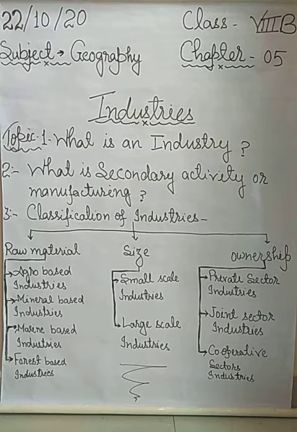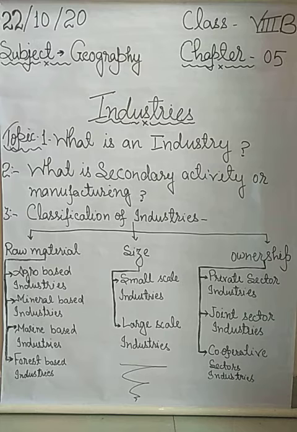In primary activity you are concerned with the production of raw materials from the agriculture field or extraction of coal from the coal mine, or dairy farming or agriculture activities; all these are related to the primary activity.